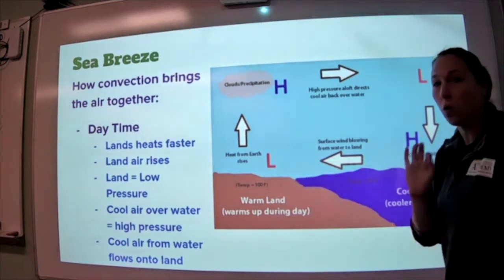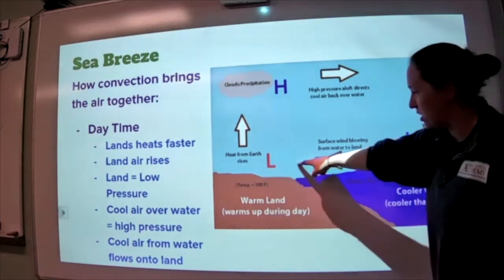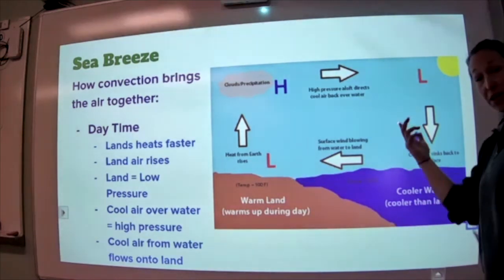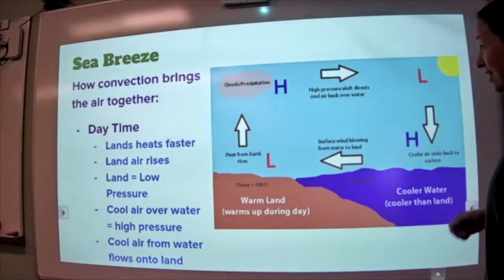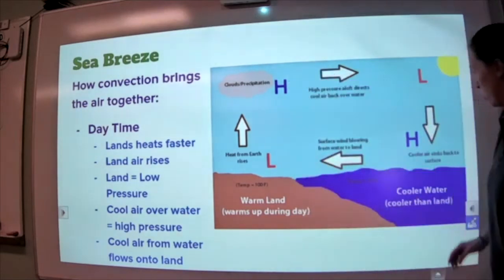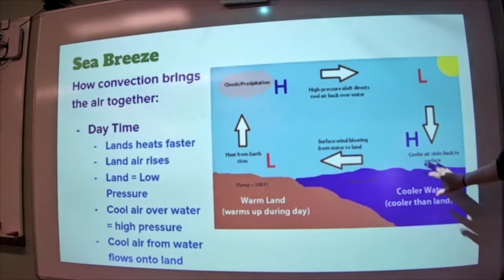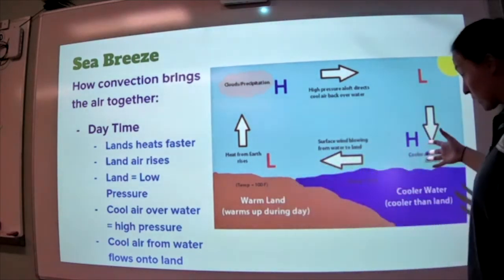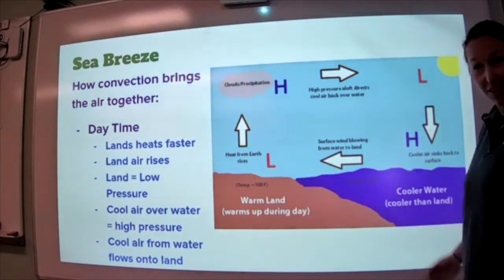And wind always goes from high to low every time. So this is a sea breeze, happens during the day. Land heats up faster, hot things rise, creating low pressure. Cool air sinks, and we go from high to low. It's called a sea breeze because the wind is coming from the sea.